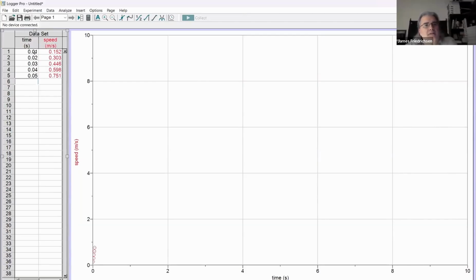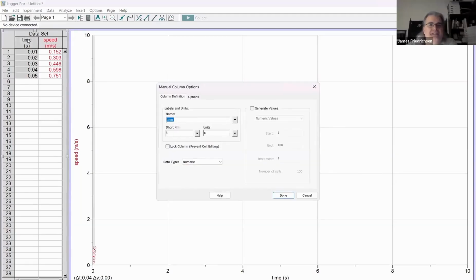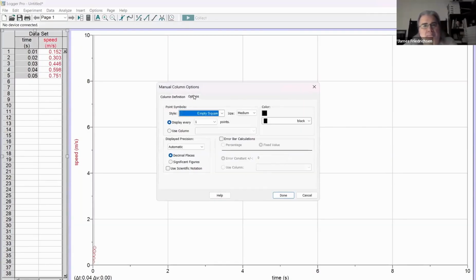Now, one of the things you'll notice is it dropped my ending zeros. And so now they only look like they got one significant digit in there. If we come into here and look at my options, down here, this is the displayed precision. It's set to be automatic. But we could go in and we could say either decimal places or significant figures.